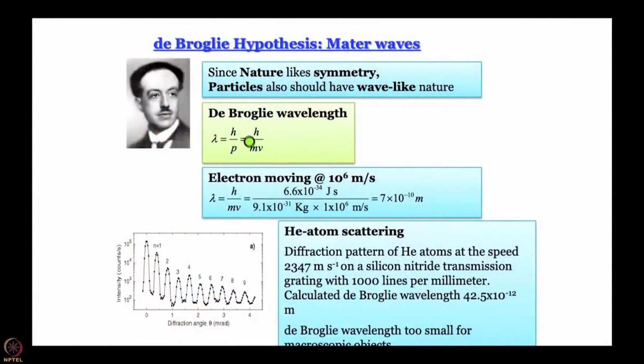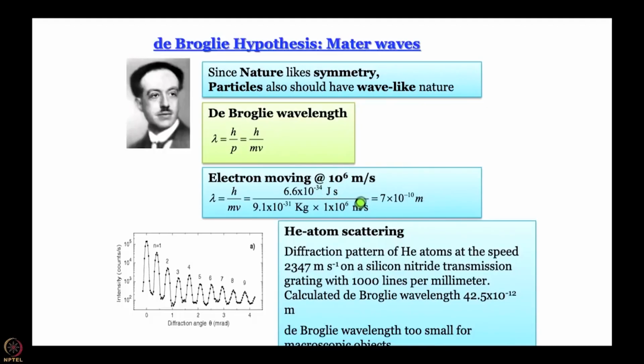De Broglie wavelength is lambda equal to h by mv. So, for an electron which moves at 10 to the power 6 meters per second, which is a very high speed, but if we consider the speed of light, that is 3 into 10 to the power 8 meters per second, the speed of this electron is almost 100 times less than the speed of light.